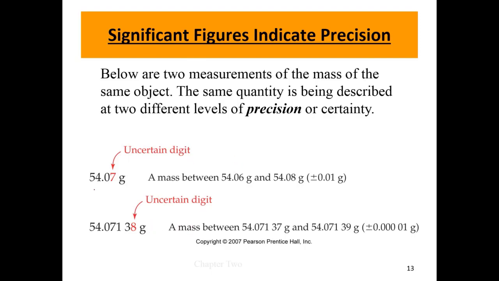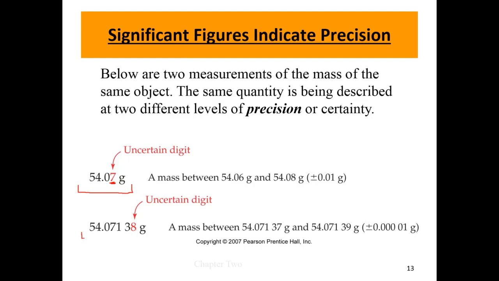So as I mentioned before, when you're given a measurement like this, the last digit is the uncertain digit. So a number like this means the mass is somewhere in between 54.06 and 54.08. In other words, it's plus or minus 0.01 grams.